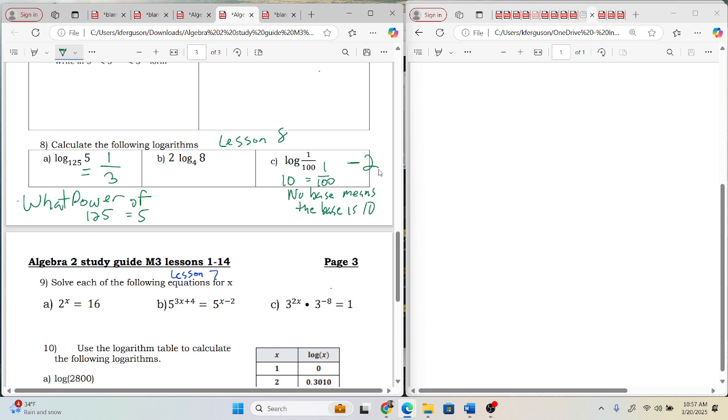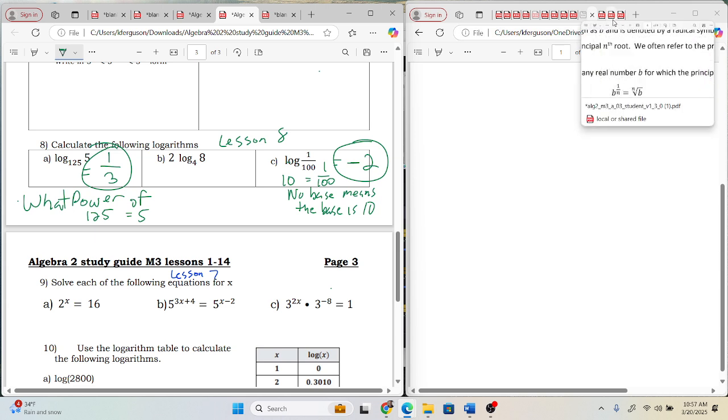So that means my answer is negative 2, because I'm trying to get what exponent is going to give me that. The negative makes it go from a whole number to the denominator of a fraction. And then I went from 10 to 100. That's the second power. So that one's 2. This one's 1/3. This one right here, let me see if I can find 12 real quick.